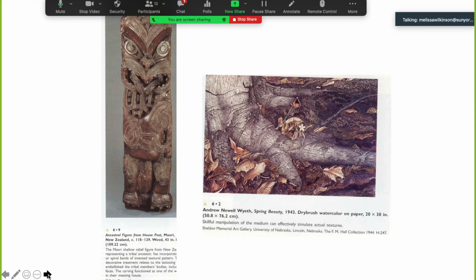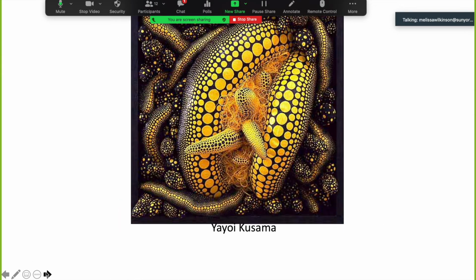Other artists have done this in the past as well. Here we have a couple of examples. One from the Maori tradition in New Zealand, a carving which suggests this sort of tattooed form that would actually be on the figures of the Maori, of living people. And then Andrew Wyeth over here, which is a watercolor using dry brush technique. More Yayoi Kusama, this is a sculpture of hers. Remember, she is the Japanese dot woman.